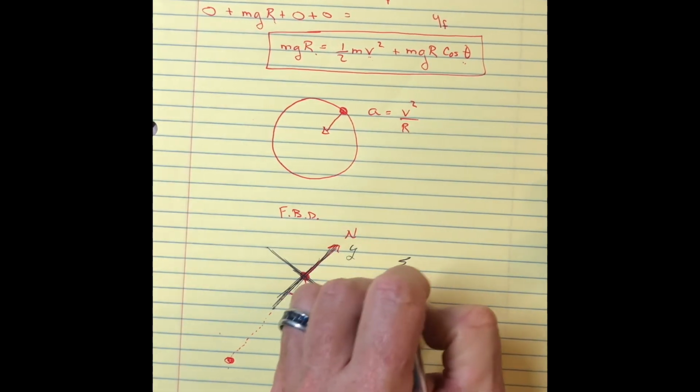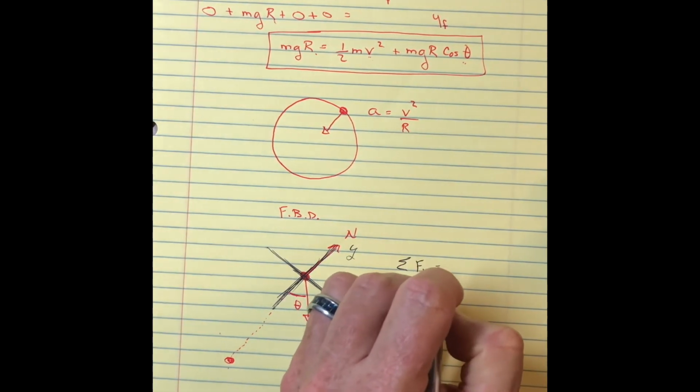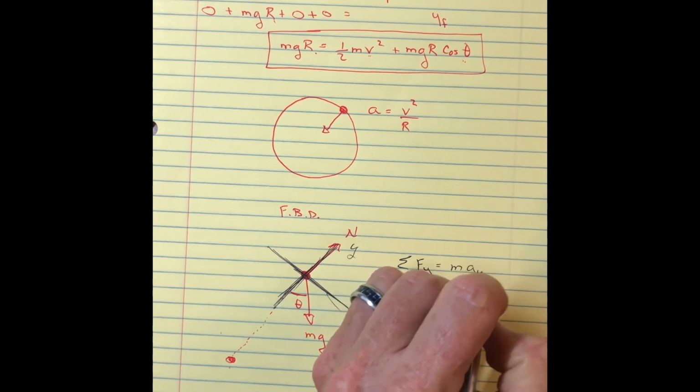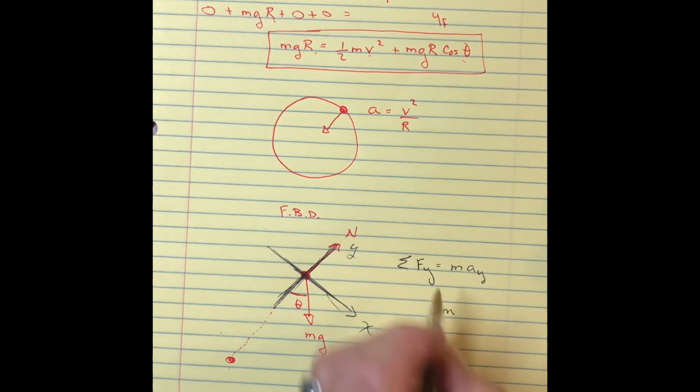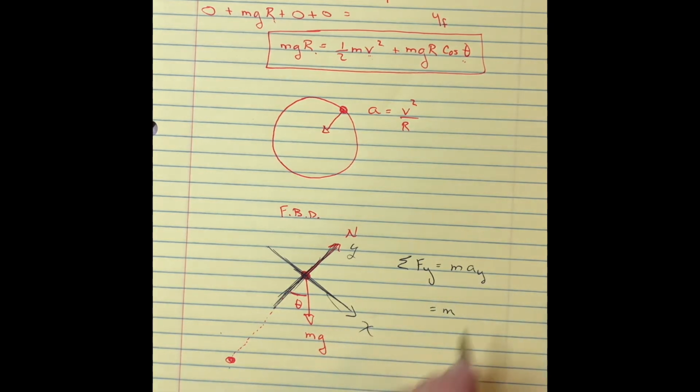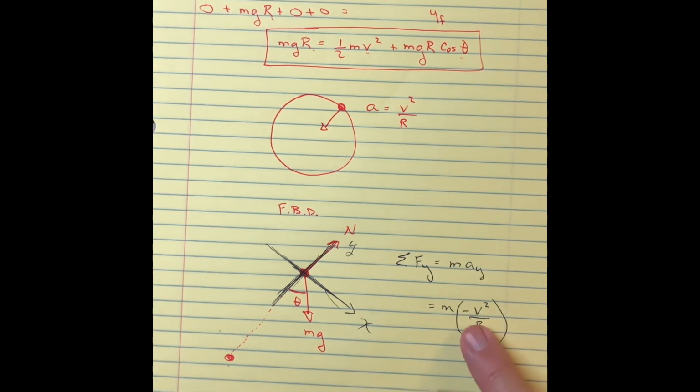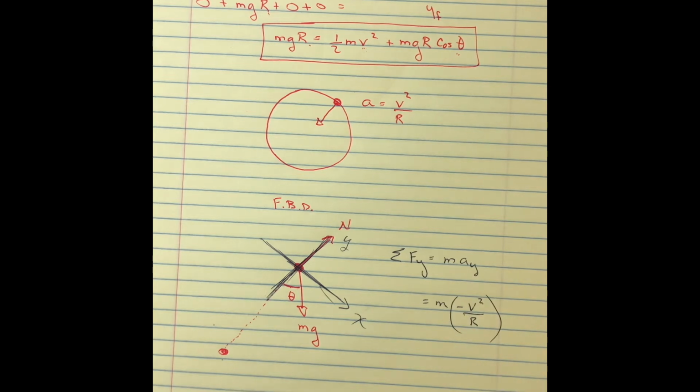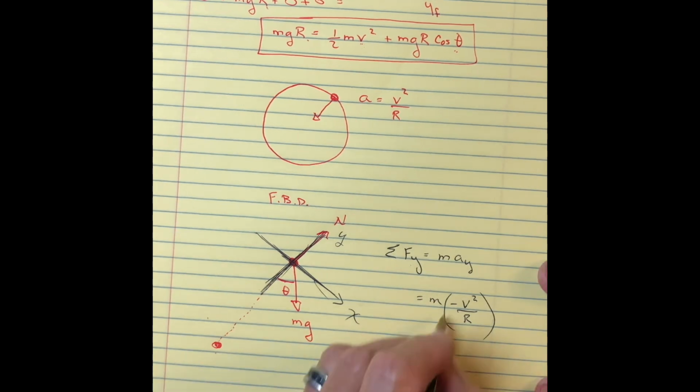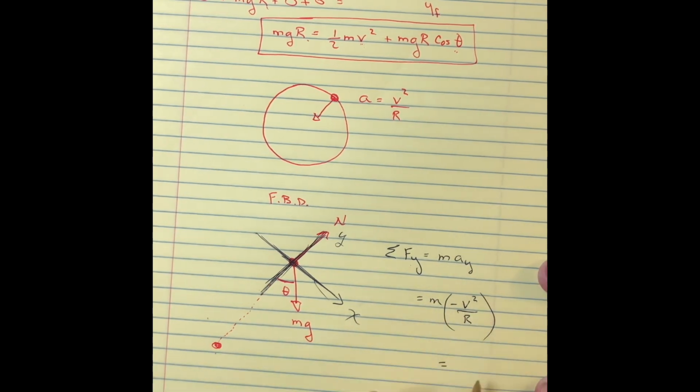So when I write out the sum of the forces in the y direction and set it equal to mass times acceleration in the y direction, I can say that the acceleration in the y direction is v squared over r and towards the center of the circle, the center of the circle being the negative y direction. So that's what the forces in the y direction have to equal. Let me kind of group this together and call it negative mv squared over r.